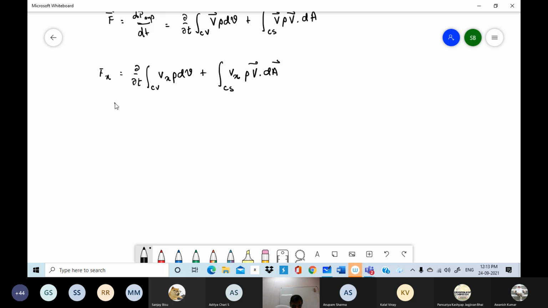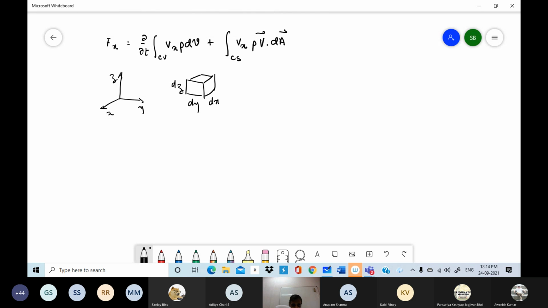Now let me consider an element of volume like this.